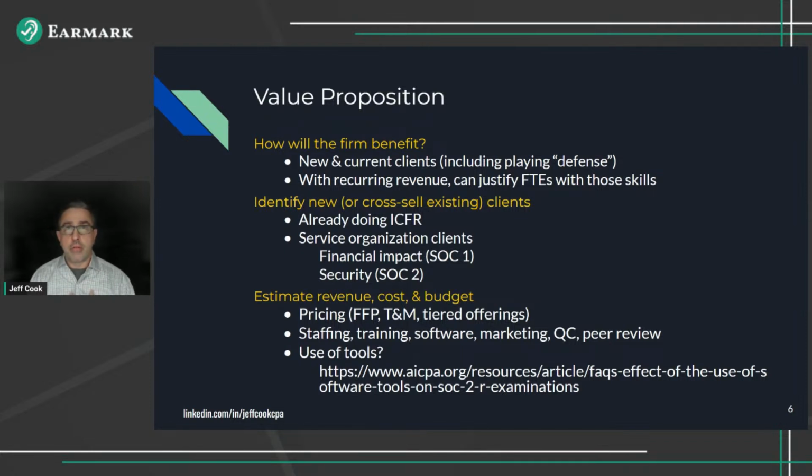That's what I am in peer review. I'm a SOC specialist, right? So if a peer review firm doesn't have that, they'll call me and they'll say, hey, we need you to help us with this peer review. That brings though additional cost, right? So you want to think about that from that point of view when you're establishing your kind of cost benefit analysis of doing this practice. And then I do want to mention here the use of tools at the end.